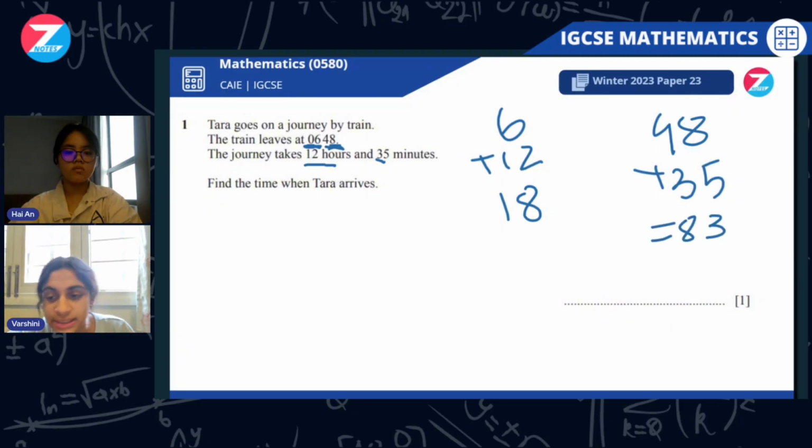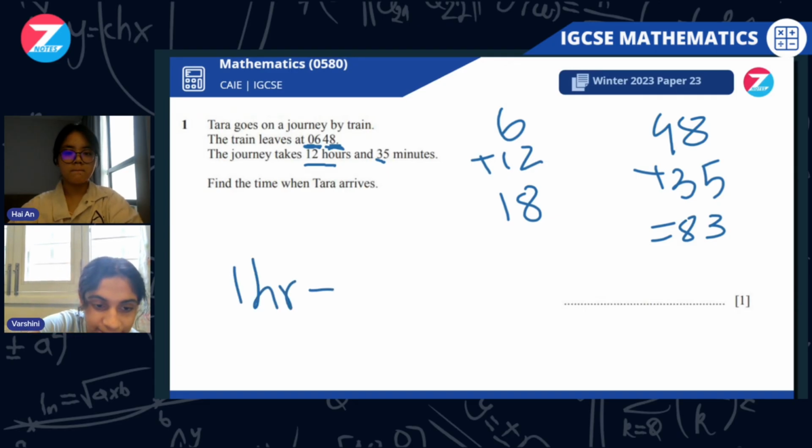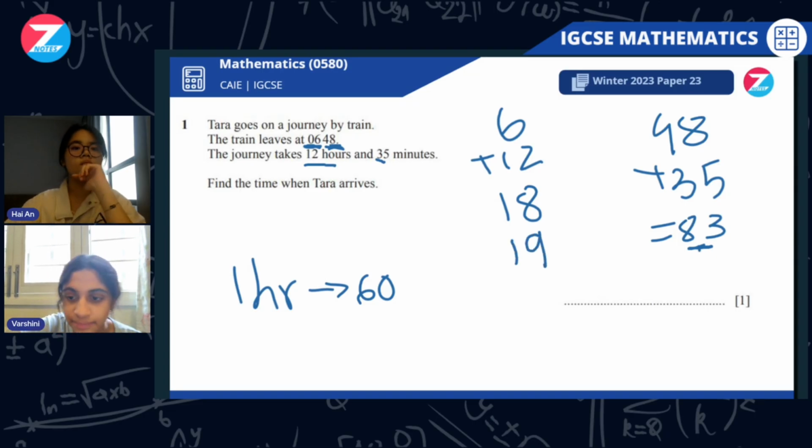Obviously there's no such time as 6:83, that's not a thing. But we do know that 1 hour has 60 minutes. So if we take away 60 from this number, we can add it to the hours. We'll make that 19 hours, and 83 minus 60 is 23.